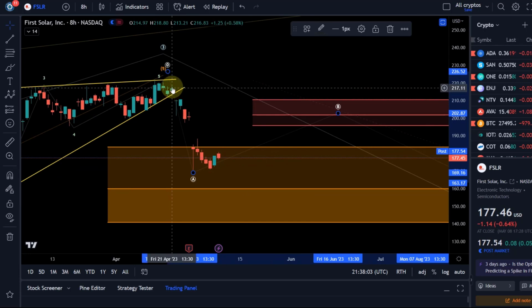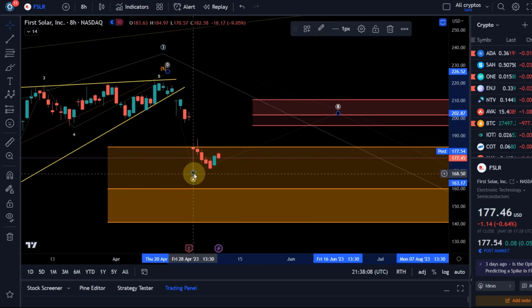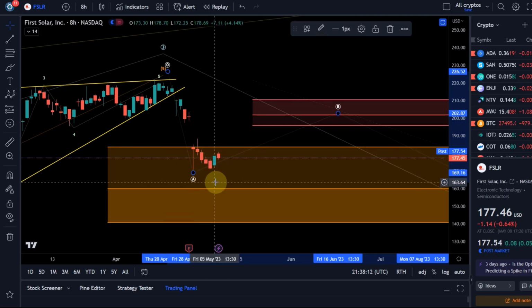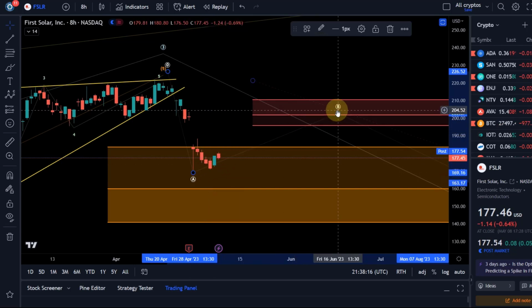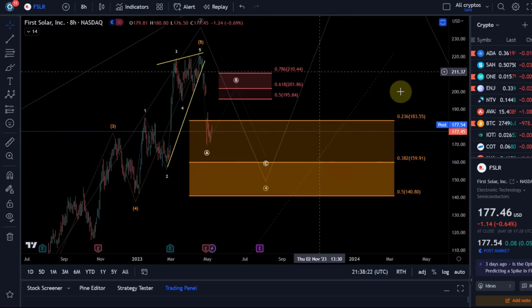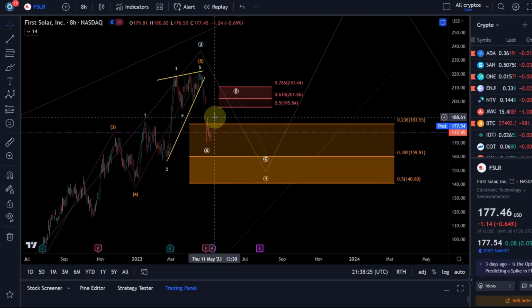You could say maybe a small 1-2 here, but then the strong move down is suggestive of a third wave. Then maybe this was the fourth, and we now maybe one more tiny low here in an A wave, but it should be really neatly done. And then we get that B wave, yeah, which would be a 3-wave move in itself. And yeah, this is sort of what we can see and say at the moment about First Solar.